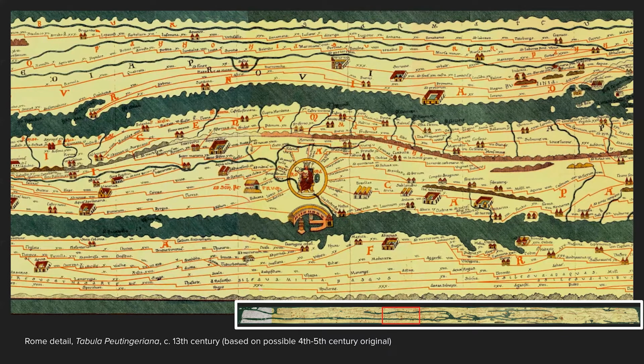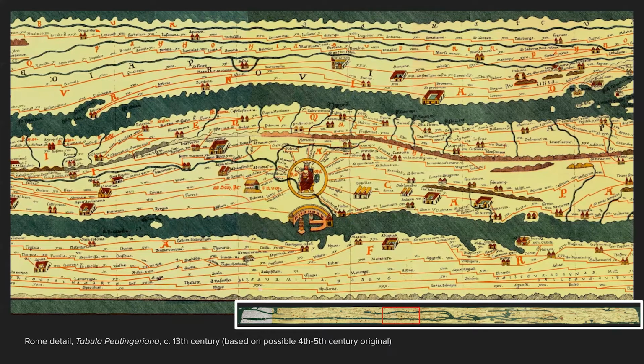And so this is a later copy, a 13th century medieval copy of a potential 4th to 5th century CE original of the extent of the Roman Empire and all of the roads that crossed the Roman Empire so that you can use this like Google Maps.